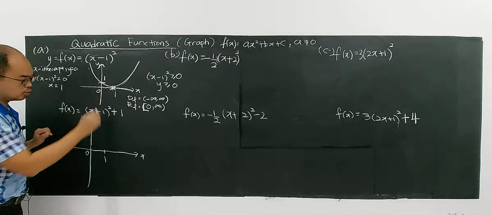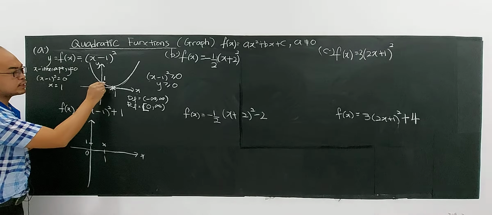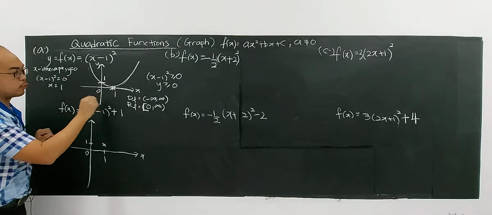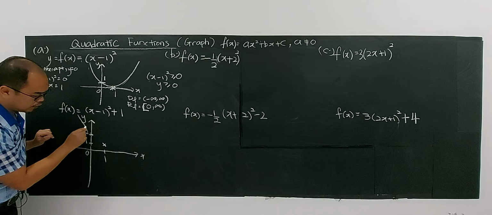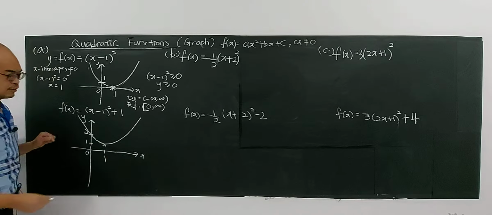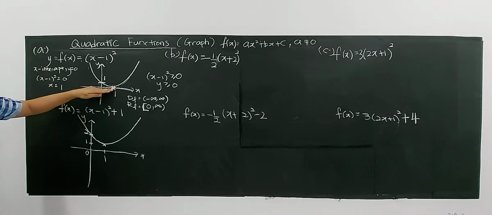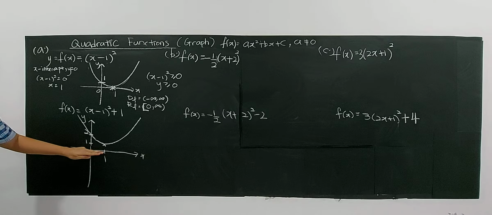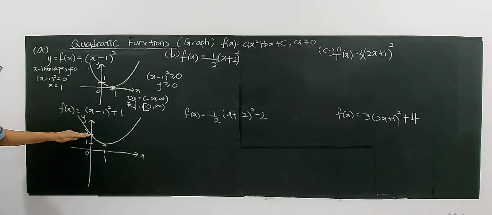So from 0, it will reach 1 here. And for the 1 here, you add 1, it becomes 2. They shift up by 1 unit, so the intercept goes from 1 to 2.